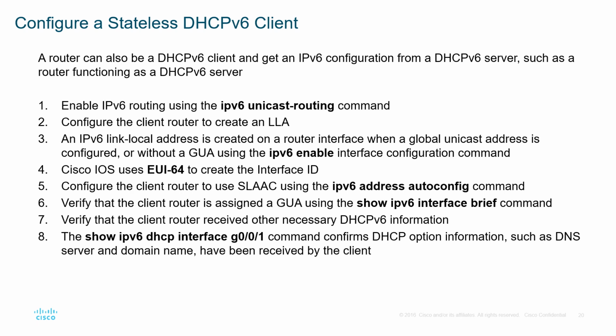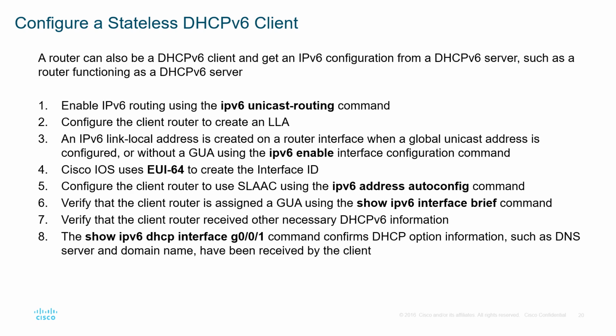A router can also be a client and get information from a server. So again, enabling unicast routing, configure the client router to create an LLA by activating it. An IPv6 link-local address is created on a router when a global unicast address is configured, or without a GUA using the ipv6 enable interface command.